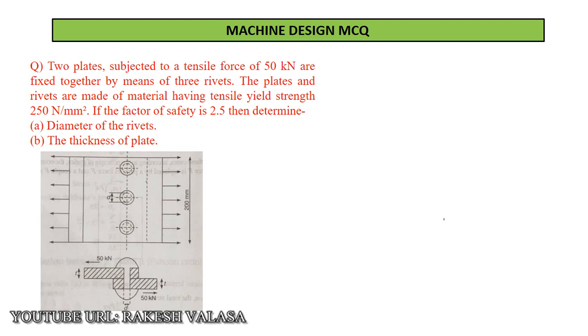Here there are three rivets in place. So find out the shear force F equal to 3 into pi by 4 d square into tau.